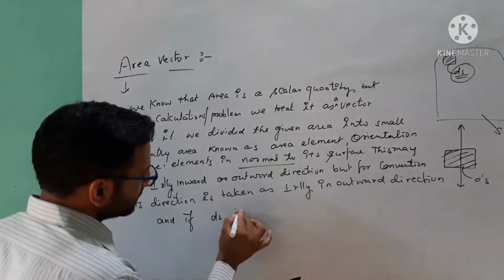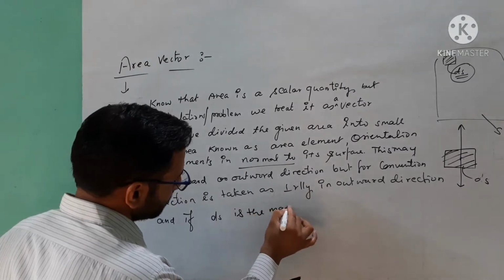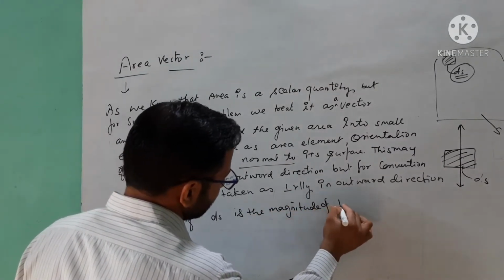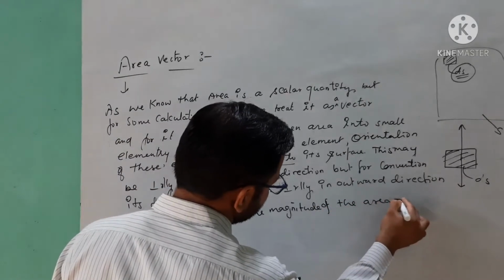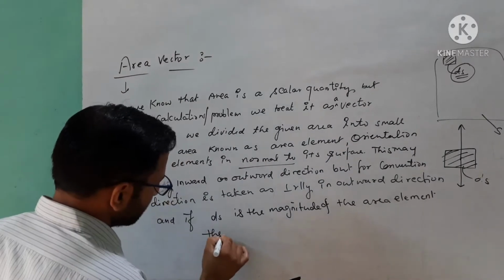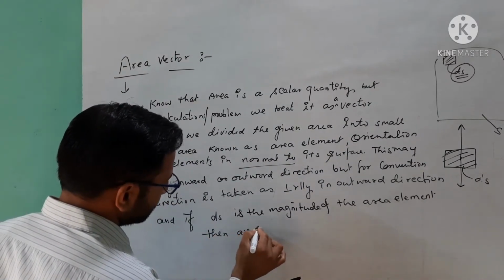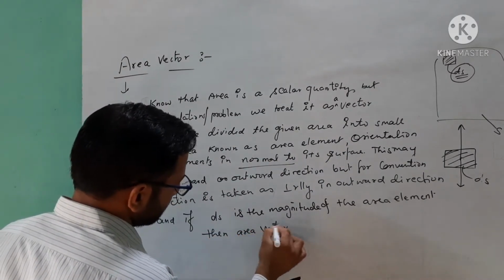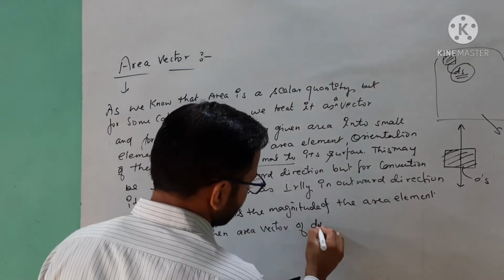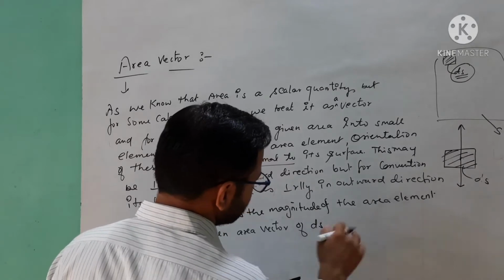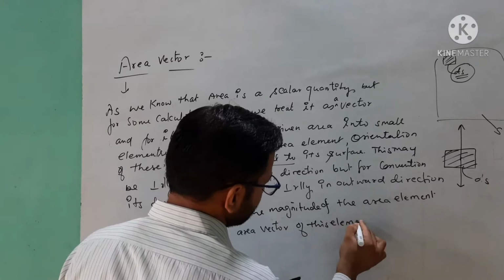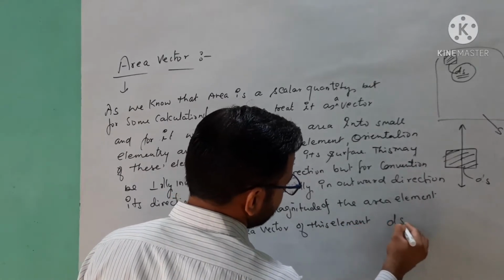If ds is the magnitude of the area element, then the area vector of this element is written as ds vector.